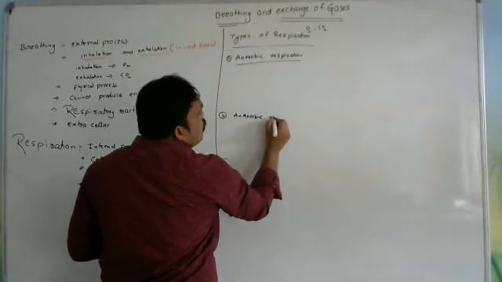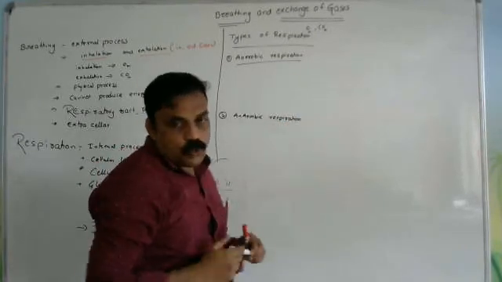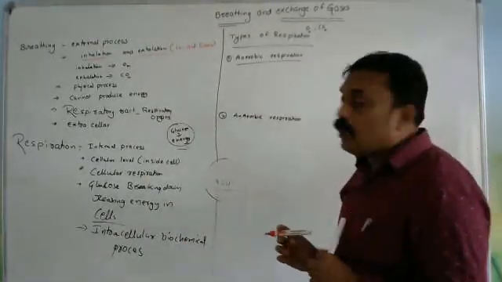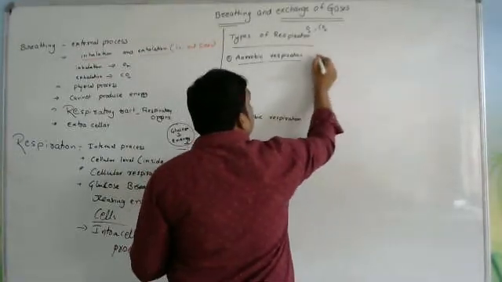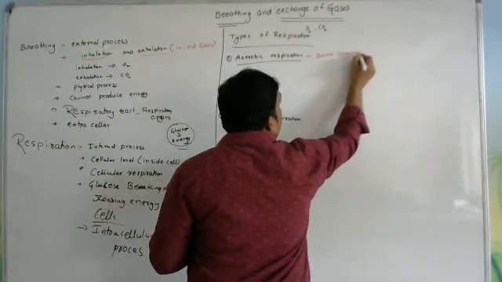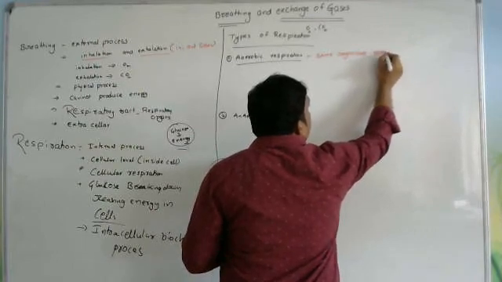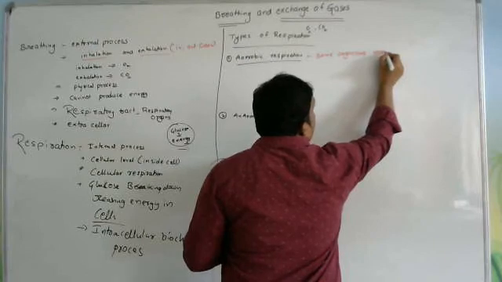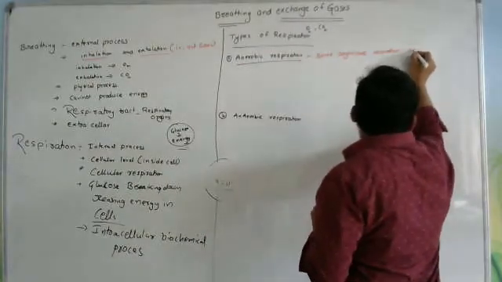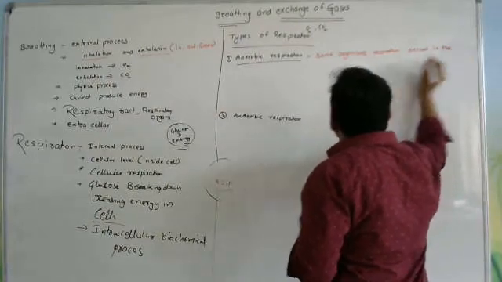Anaerobic generally means oxygen is absent. So the first one is aerobic respiration. What is the meaning of aerobic respiration? In some organisms, respiration occurs in the presence of oxygen.